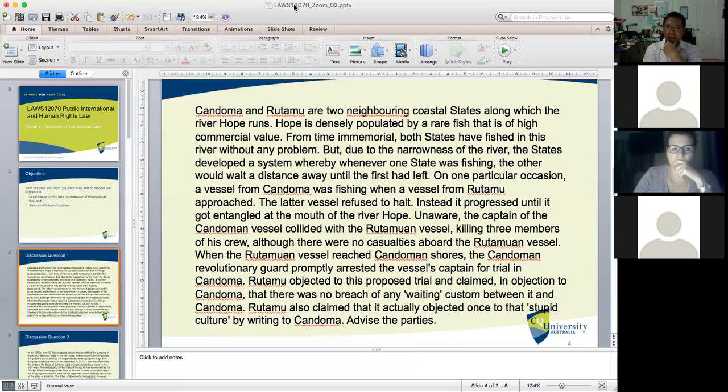So from time immemorial, they've been practicing this, and it does seem to be accepted as a law of practice to prevent accidents and the like, and it's generally practiced by both states, and it's accepted as a legally binding law, I think, for a significant period of time.